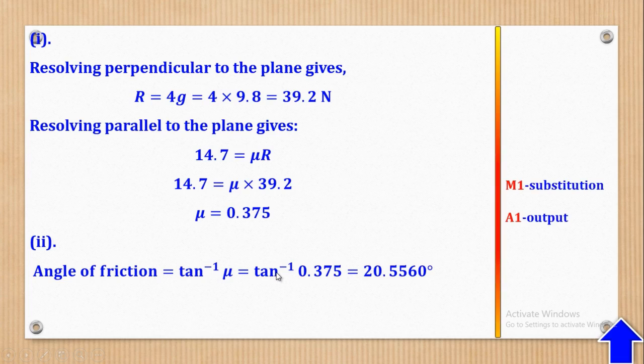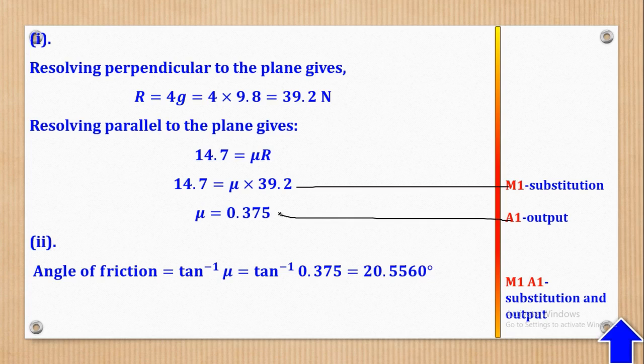So that's what they wanted, and now let's see how marks can be awarded. So M1 for substitution here and A1 for output, which is required, M1 for substitution and A1 for output. So basically that's how the 5 marks could come about.